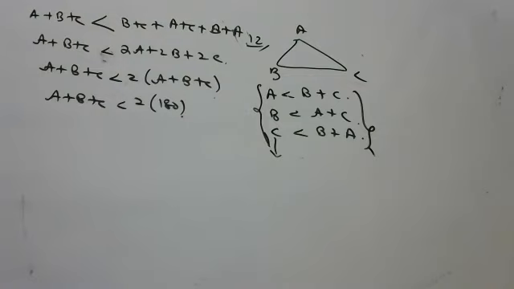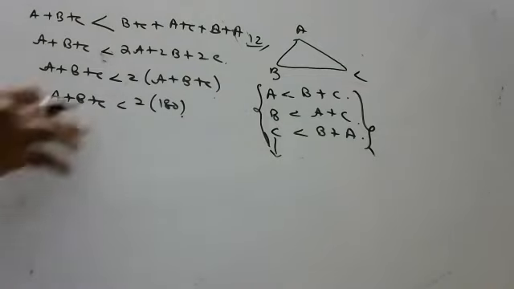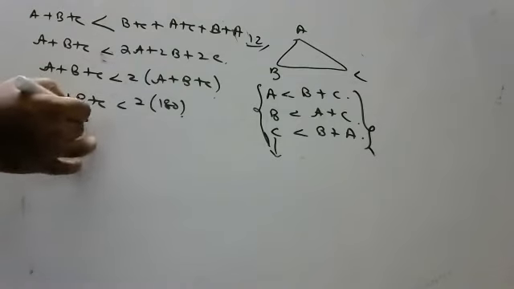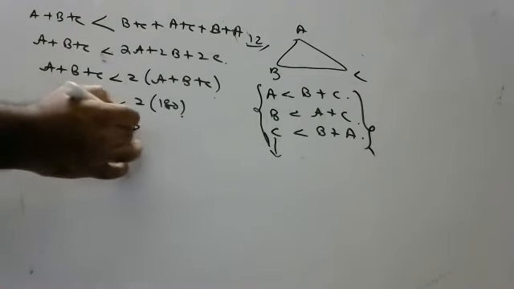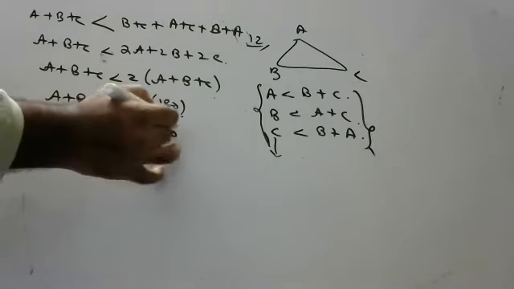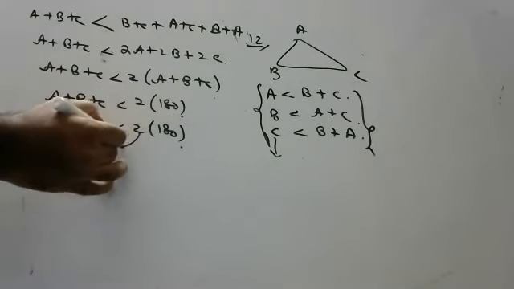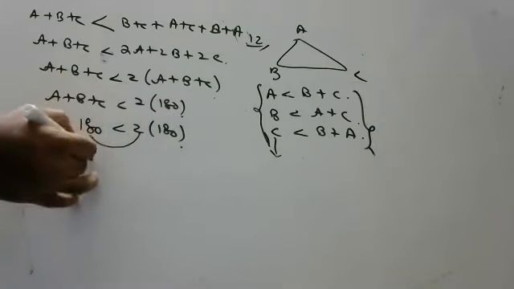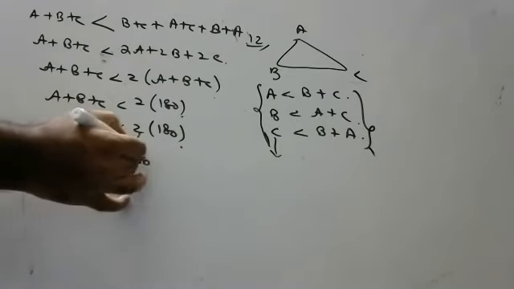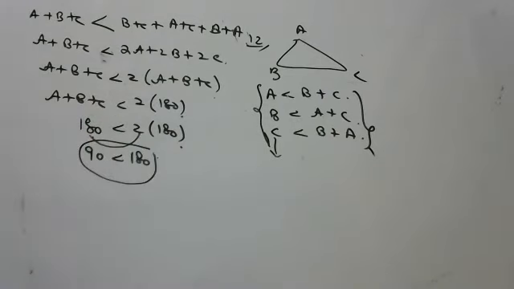So what is it saying? We have to show it's an acute angle triangle. So this is also 180 degrees is less than 180. So if it comes here, 90 and 180. Not like this. One second.